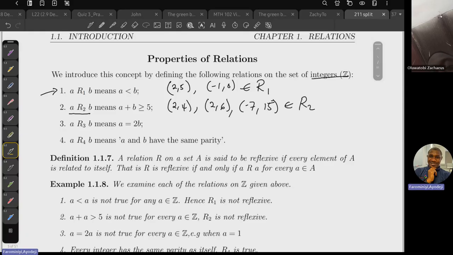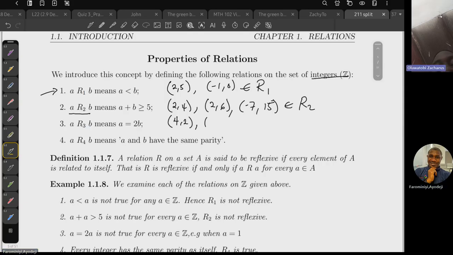And what about R3? Can you give me elements of R3? That's 2, 4. Are you sure? Yes. No, sorry, sir. 4, 2 rather. 4, 2. Can have -3 and -6. Is that correct?